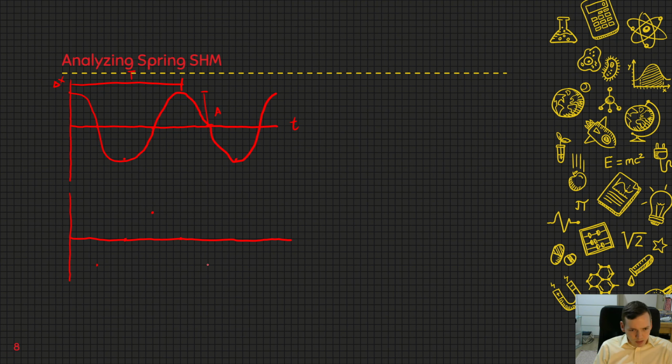And for those of you that have taken calculus, it'll be nice and easy to see how derivatives work here. Those of you that haven't, you don't need to worry about it. We'll talk about the logic here in a second. But we'd expect something that's more or less a sine function here.